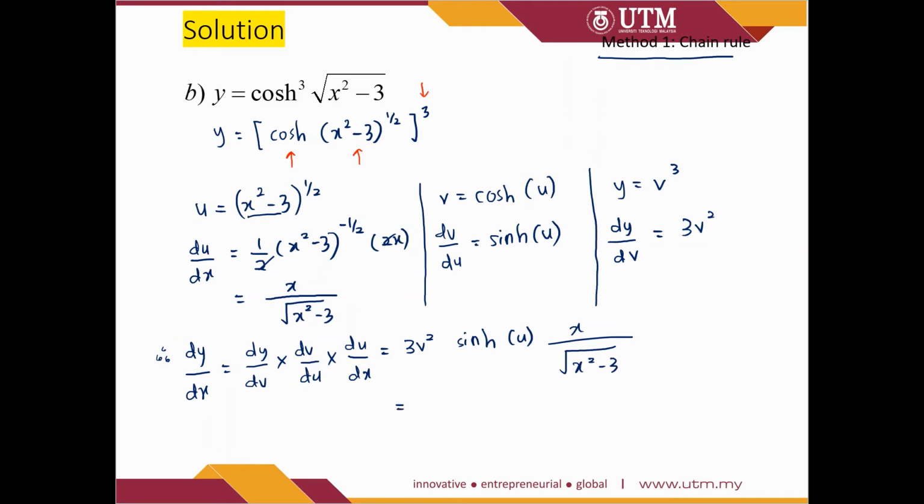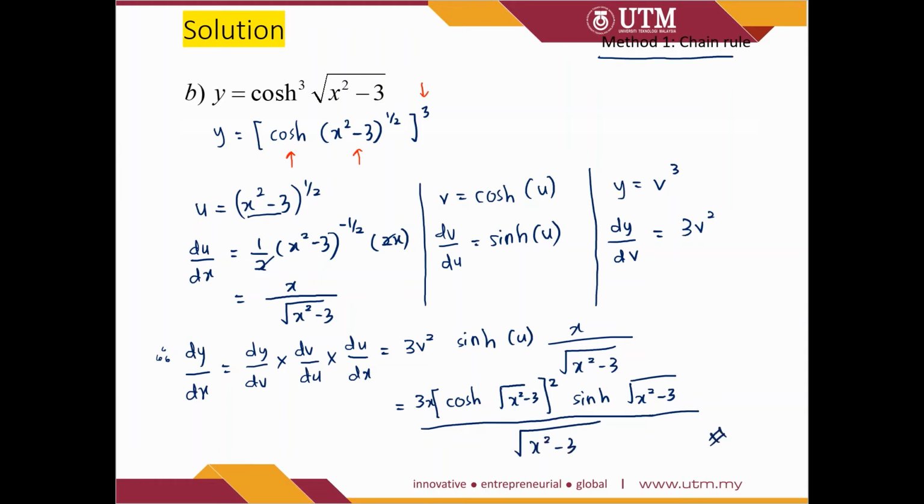So we substitute back all the values of u and v, and here you will get 3 times v, where v is cosh u, where u is the square root of x squared minus 3, sinh of the square root of x squared minus 3, and then times x, so I just put it at the front, over the square root of x squared minus 3. So this would be your final answer.